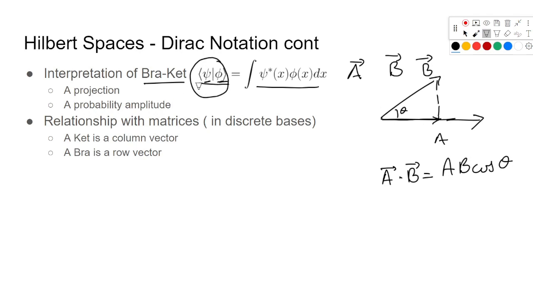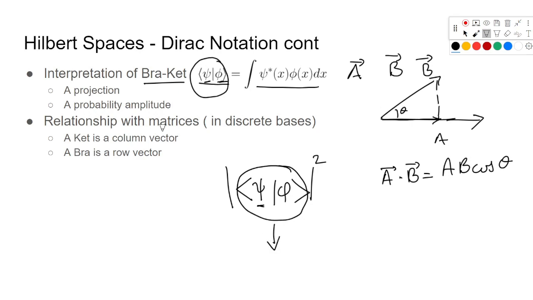Another way of looking at it is that this is a probability amplitude. When you measure this vector, the probability of it being found in this state after measurement is the square of this. So this inner product is a probability amplitude. Now in quantum mechanics, you can have discrete basis vectors or continuous basis vectors.